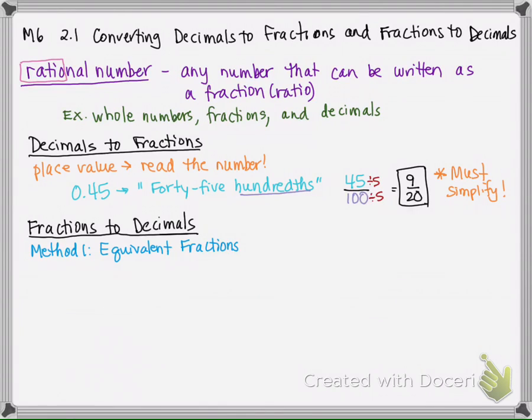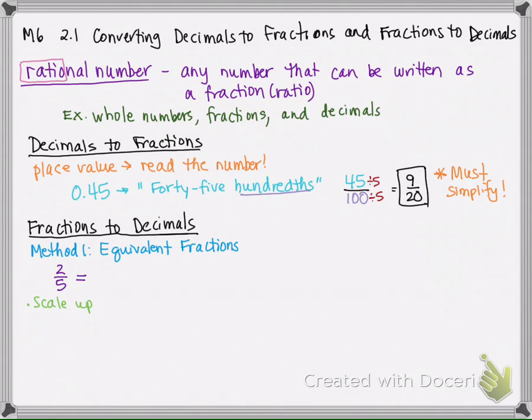If you can, then this method's pretty fast. Okay, so we have 2/5, and we want to change the denominator into something that's going to be a 10, 100, 1,000, and so forth.